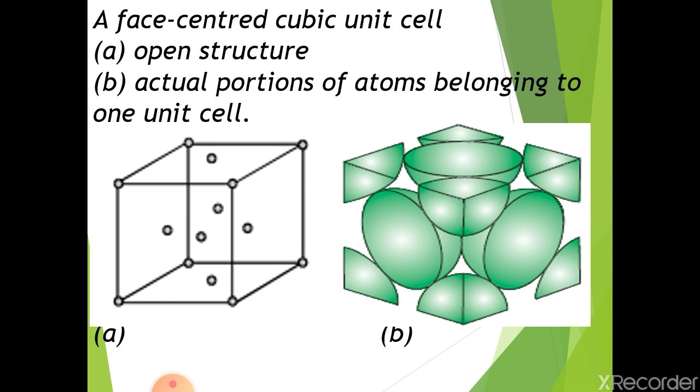Look at the actual portion, one sphere is cut into 2 parts. That's why one face contains 1/2 of an atom. As you know that total 6 faces are there. That's why 3 atoms from face and 1 atom from corner. Then total number of atoms in face centered is 4.